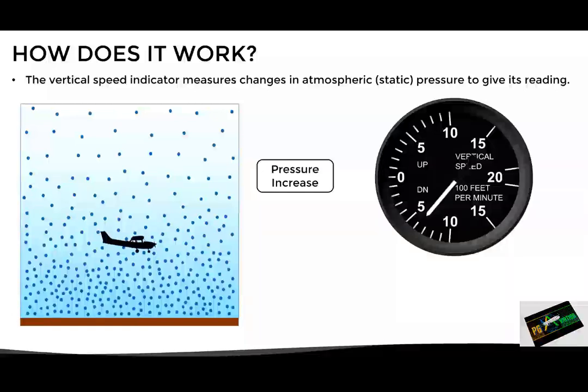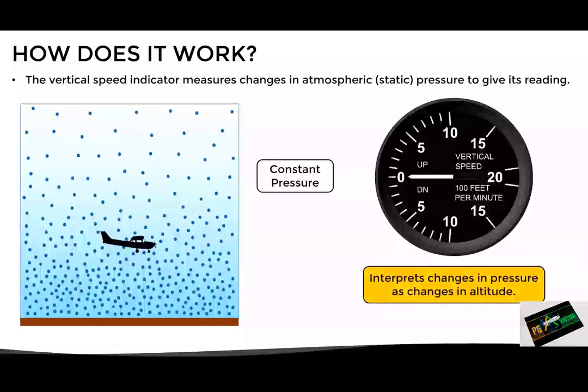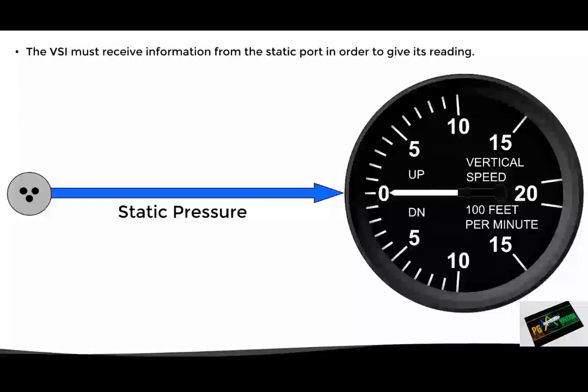And once again, when the aircraft levels off, the pressure will remain constant, and the VSI will return to 0 feet per minute. In general terms then, the VSI interprets changes in pressure as changes in altitude. And measuring how fast the pressure is changing is how it can determine the rate of climb or descent. That's why it is necessary that the instrument receives static pressure information from the static port.